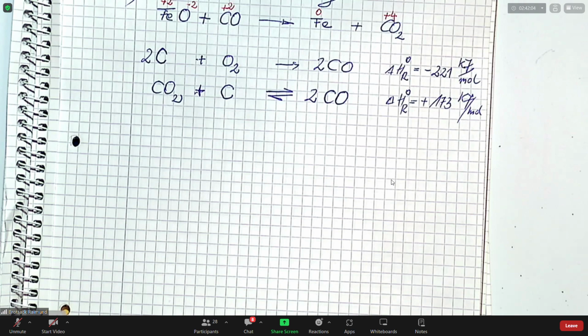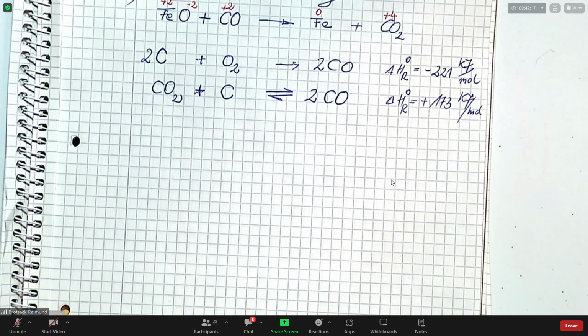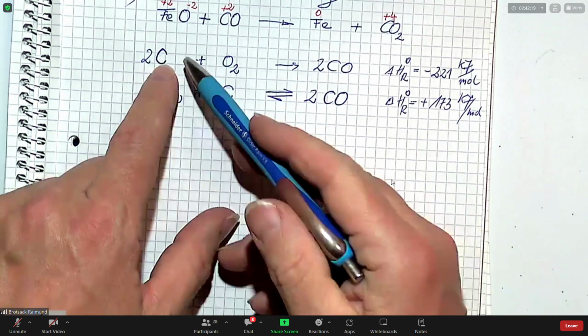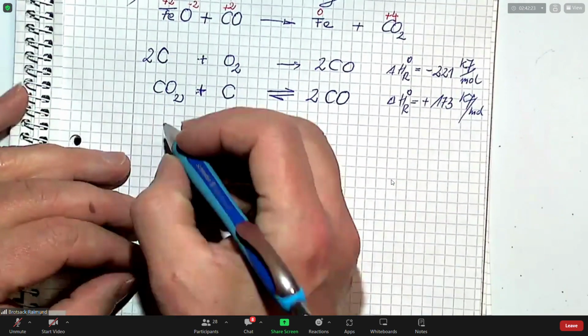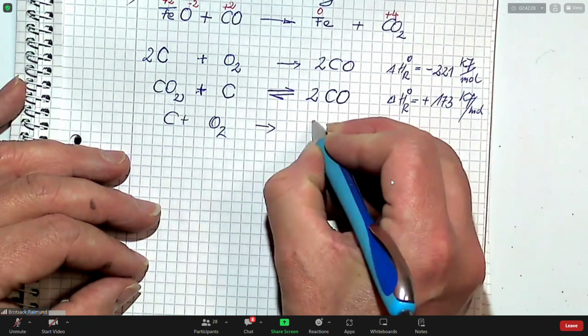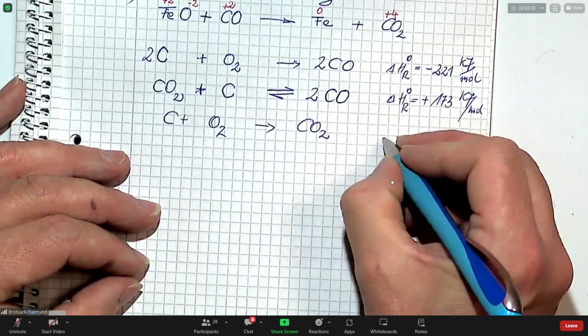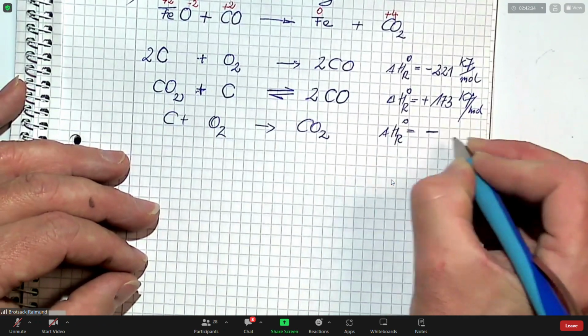But in the steel industry, you maybe have heard it's steel cooking. They say we have to cook the steel. They have liquid iron. What you're expecting is very high temperature created by these reactions. Partially, it is even carbon plus O2 forms CO2. I don't know the heat of the reaction, but it is negative.